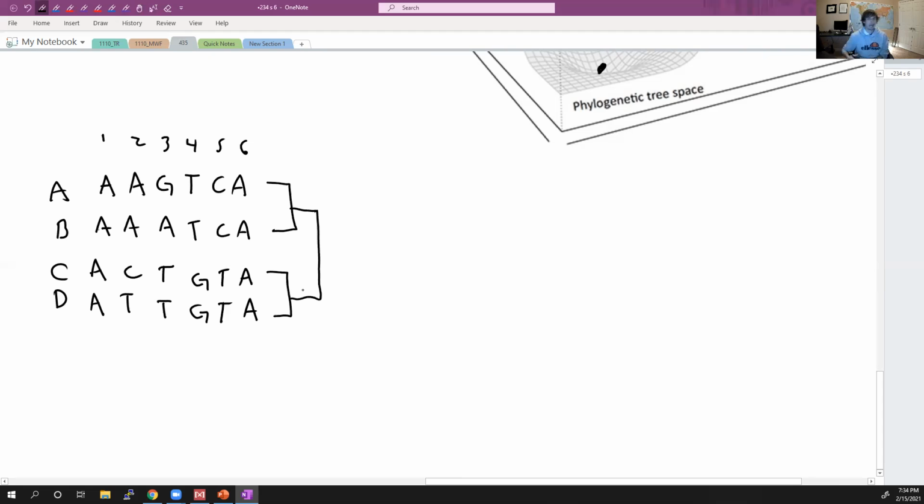Okay, but how robust is this data? So effectively, we can use bootstrapping to test how robust the data is in retrieving this tree.